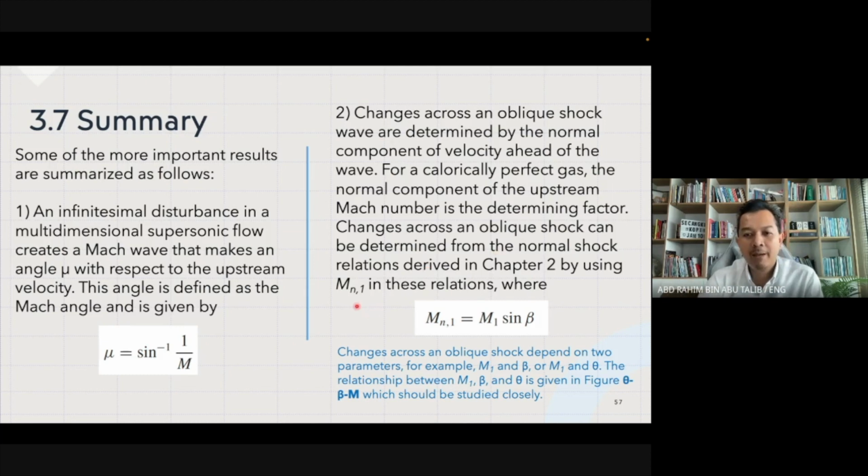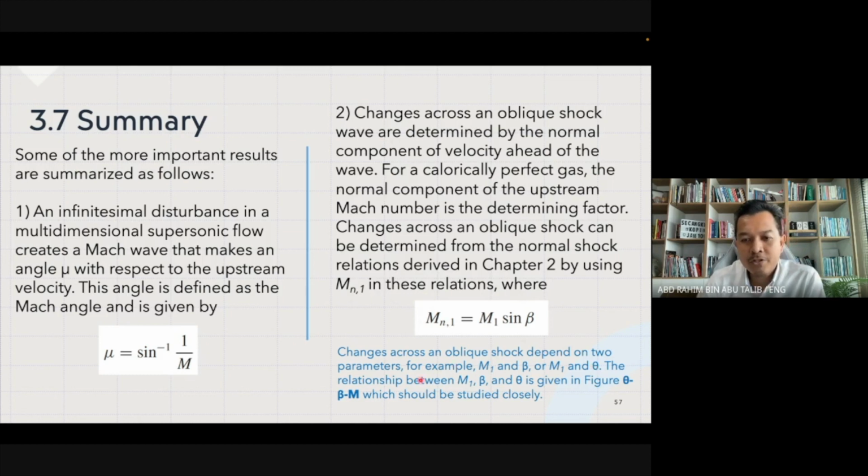And by using Mn1 in this relation, we've been using this expression from time to time, where changes across an oblique shock depend on two parameters. So you can use the Mach number at region 1 and beta, or Mach number at region 1 and theta.